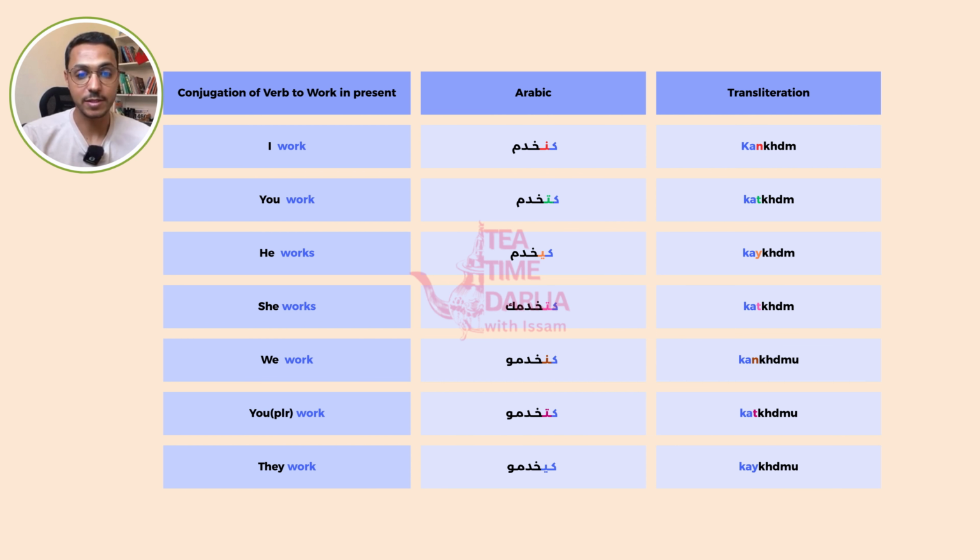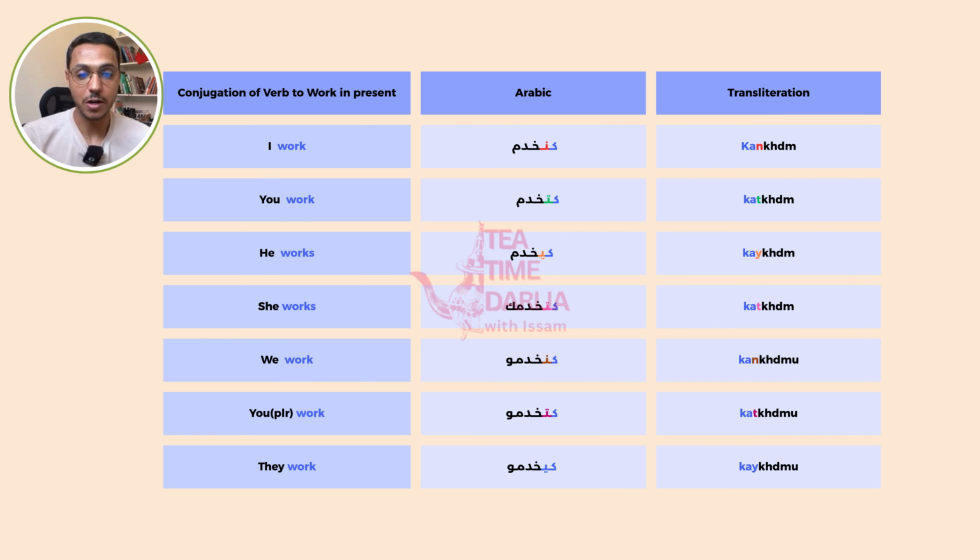Now on this table, we have the conjugation of the verb to work with all the pronouns in the present tense. I work, ka نخدم. You work, ka تخدم. He works, ka يخدم. She works, ka تخدم. We work, ka نخدمو.